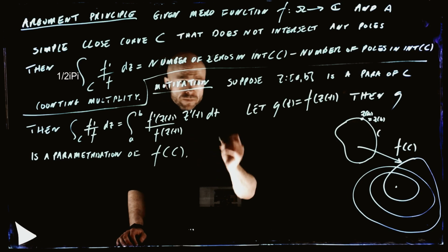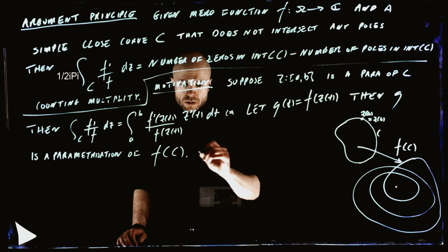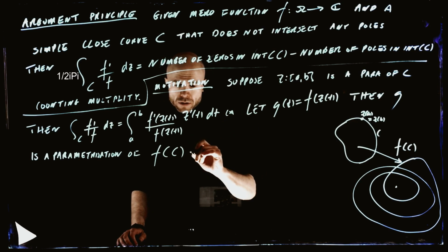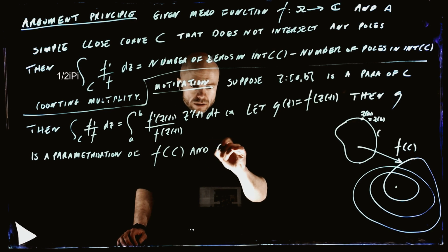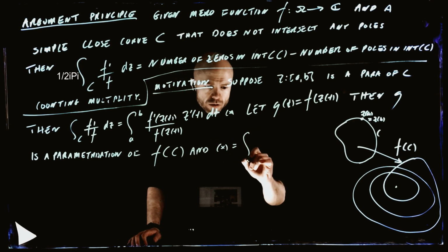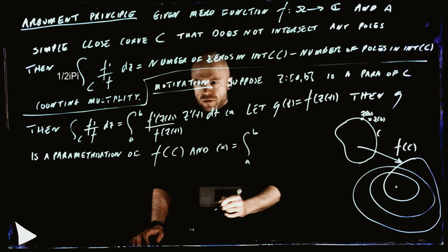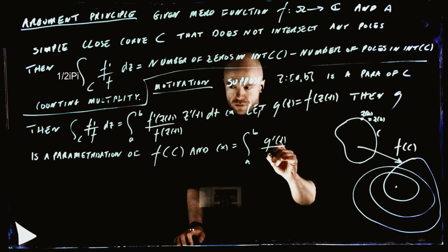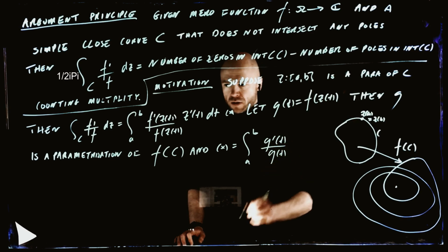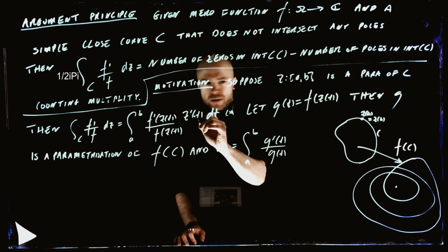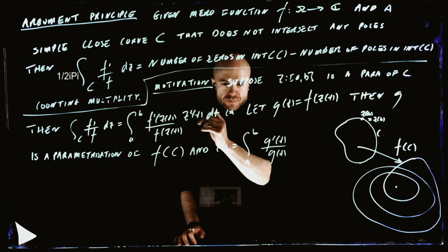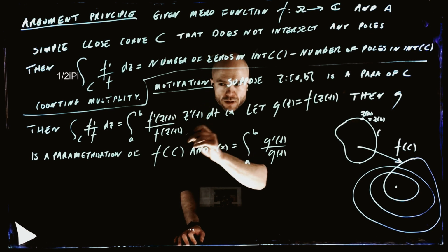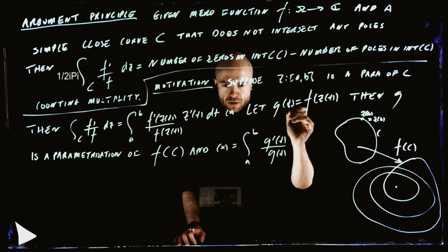And then this integral, we can write star as the integral from A to B of just g prime of t over g of t, because g prime of t is f prime times z prime by the chain rule, yeah? And this thing on the bottom is just g of t, yeah?